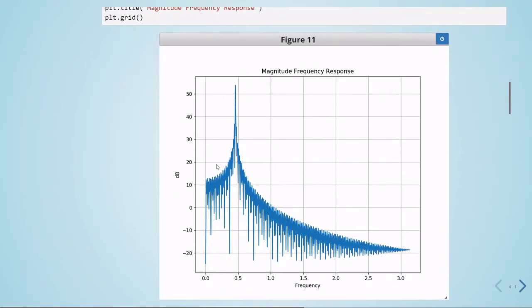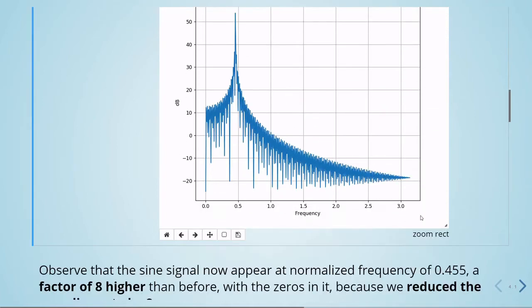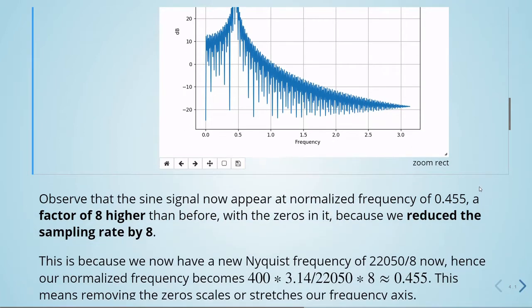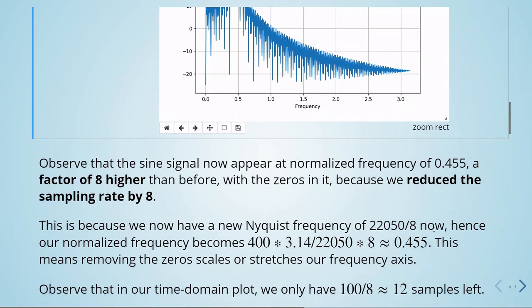There's the magnitude in dB and the normalized frequency, and we see that now the signal appears at a normalized frequency of 0.455, and this is a factor of 8 higher than before when we had the zeros in it, because now we reduce the sampling rate by 8.